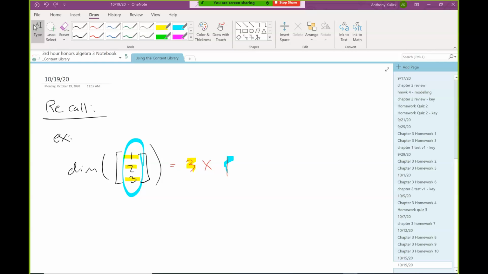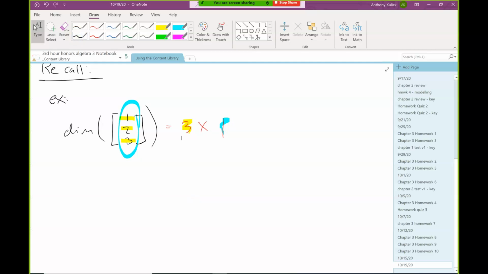All right. So we talked about dimension. And we talked about some basic matrix operations like addition, subtraction, and scalar multiplication.